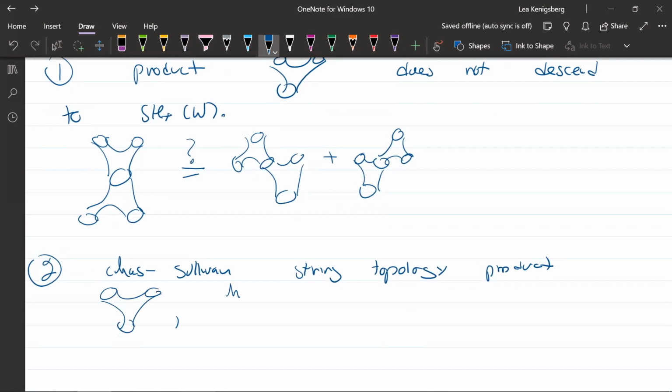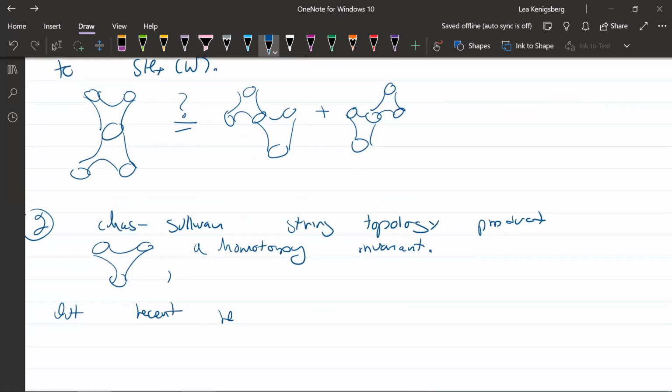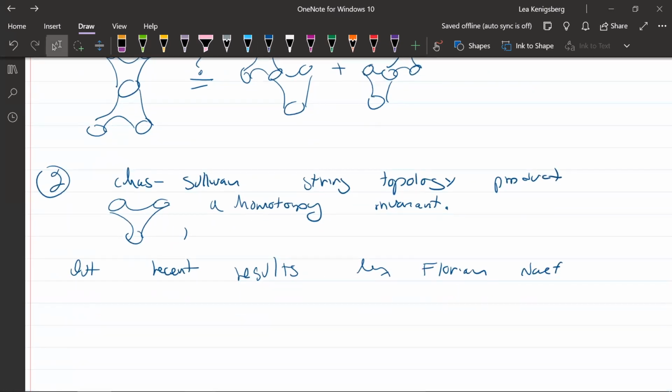This one is a homotopy invariant, but recent results by Florian Naef show that the Goresky-Hingston coproduct is not a homotopy invariant.